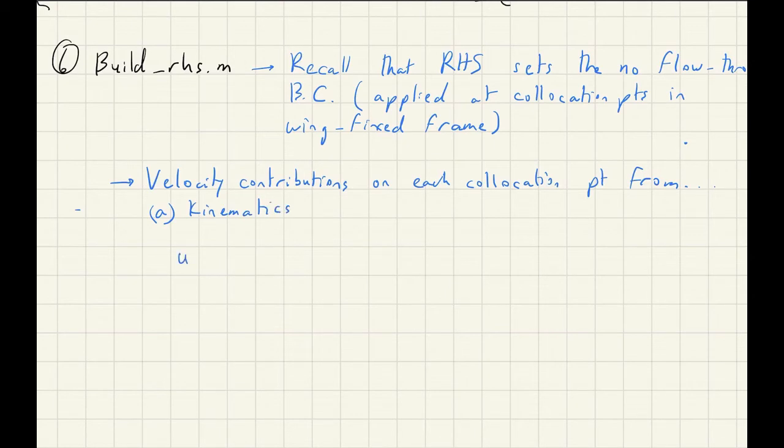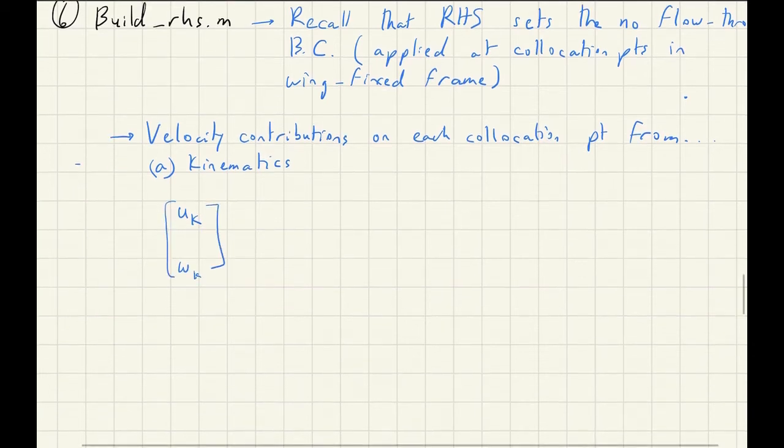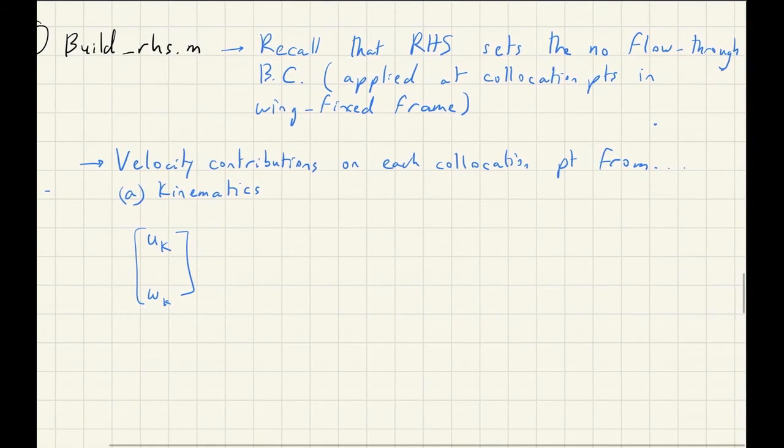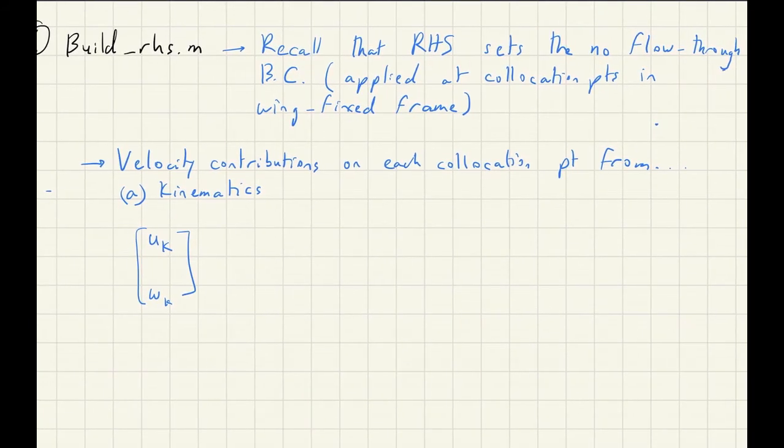So we have velocities u and w, which are the velocities in the x and z axes of the wing. So let's assume that you have some sort of cambered wing right here, and this is the chord. As we have said before, this is the x and small z, so u is in this direction and w is in this direction.